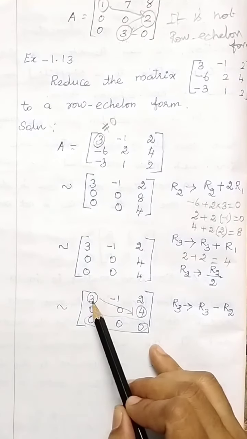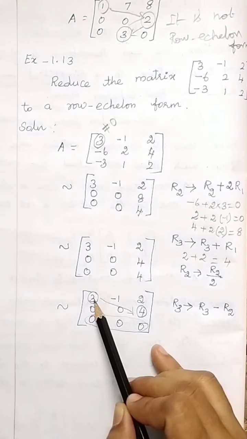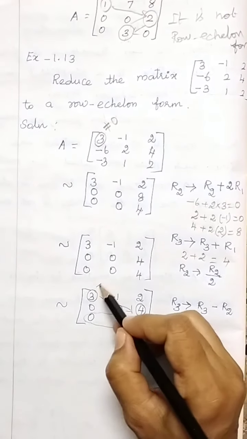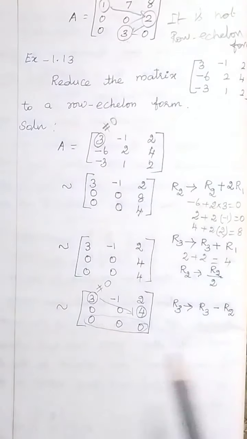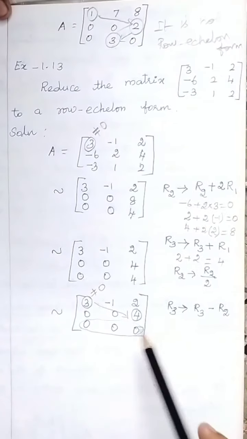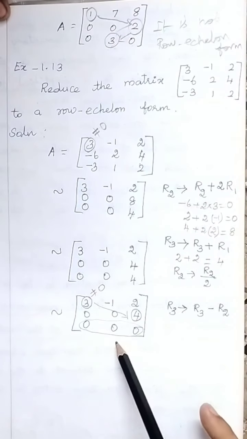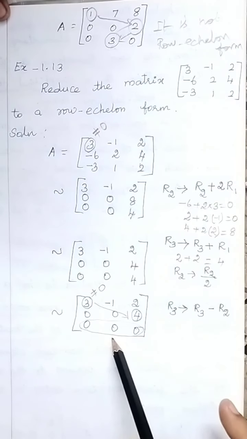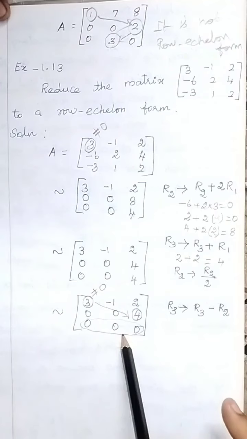Okay, our first row, first entry not equal to 0. These three conditions are satisfied, therefore the given matrix, this matrix is a row echelon form.